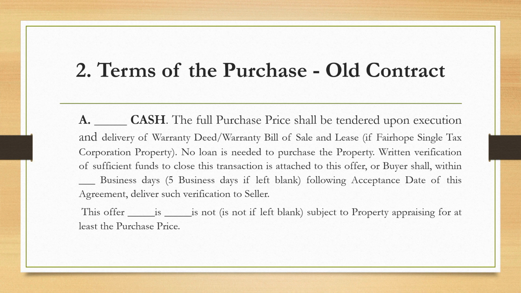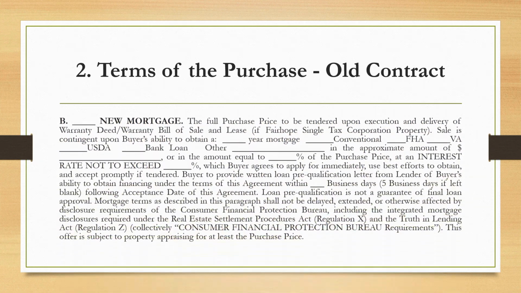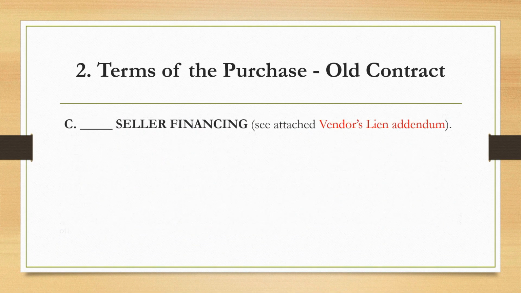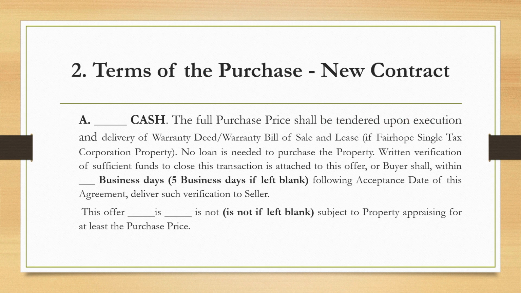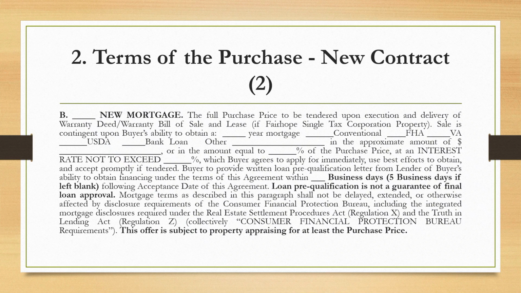Terms of the purchase, this is the old contract. Nothing changed on the cash portion or the mortgage portion. This is the old language. It used to say, "see attached vendor's lien addendum" on the seller financing portion. Sometimes you don't have a vendor's lien securing a promissory note in a seller financing scenario.